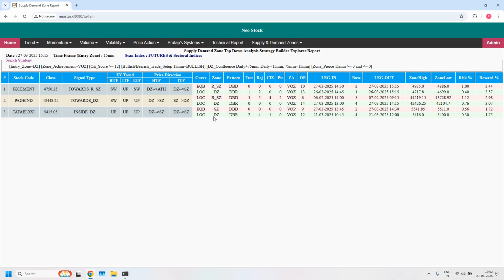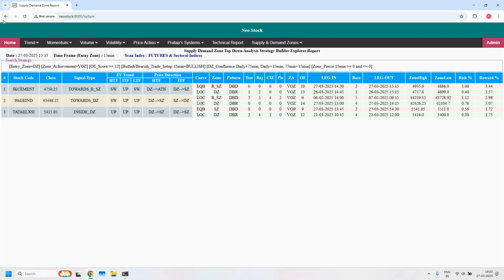In these 3 stocks, these 15 minutes demand zones are overlapped with 75 minutes demand zone. Both together again overlapped with daily demand zone. And the daily trend is up in only one stock. If this stock is having daily demand zone with daily EMA confluence, then this 15 minutes demand zone might be having even more high probability to get success.